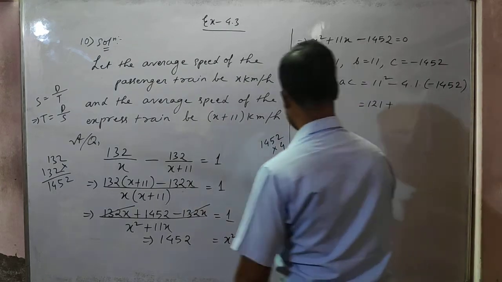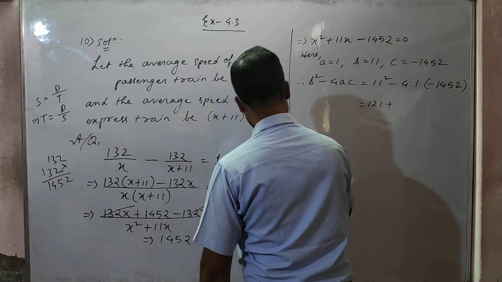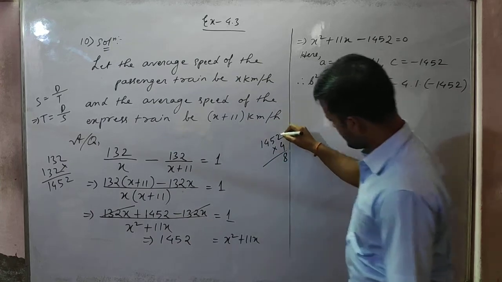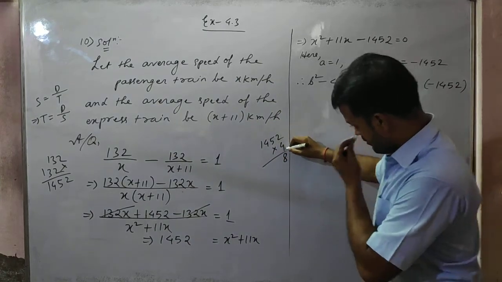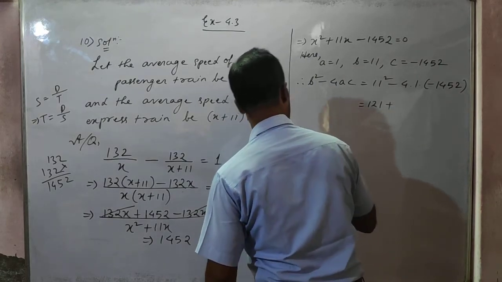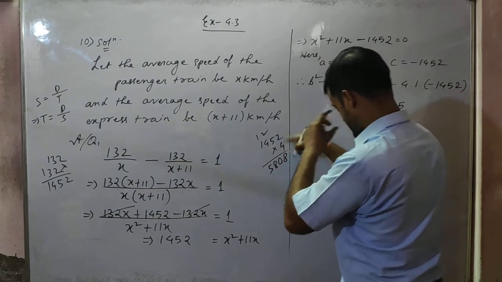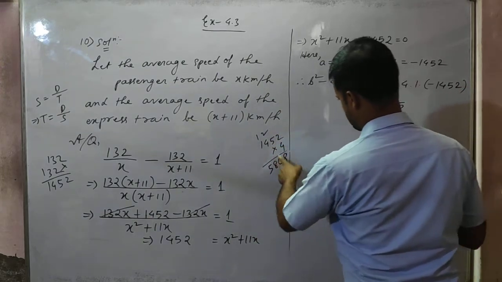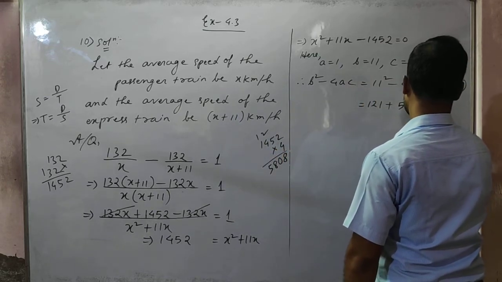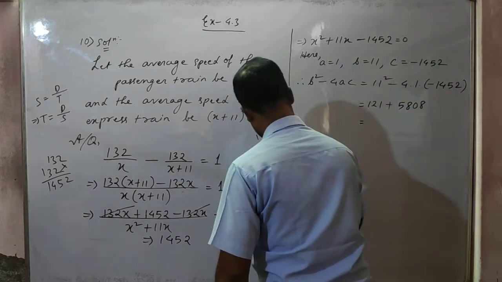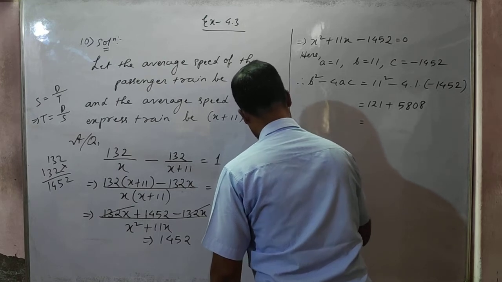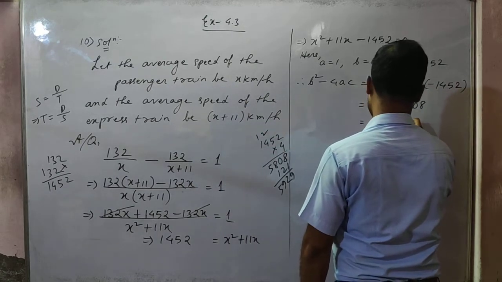Minus minus will become plus. 4 into 1452 is 5808. So we add 121, it is 5929, which is greater than 0.